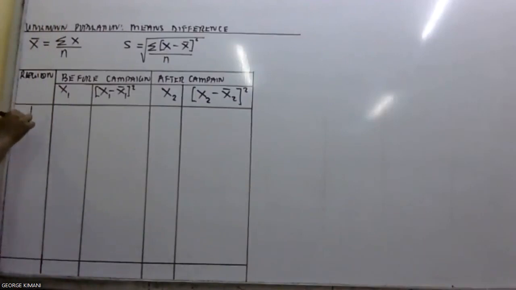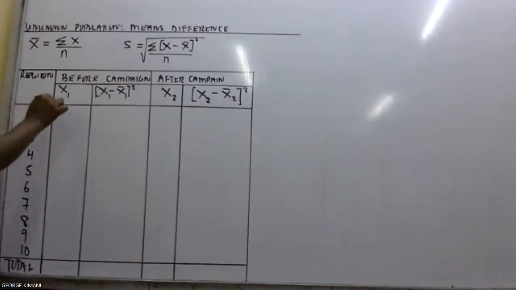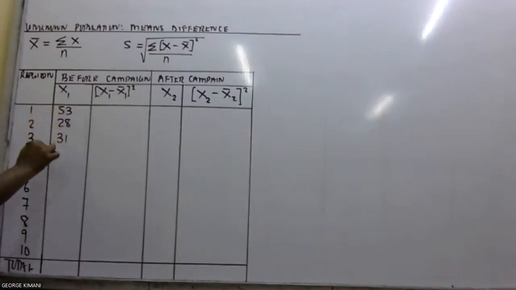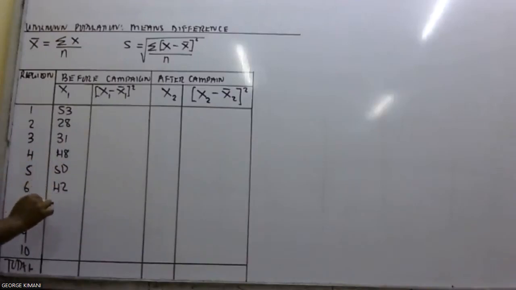So region 1, 2, 3, 4, 5, 6, 7, 8, 9, 10. So we'll have the totals. So this is 53, 28, 41, 48, 50, 42, 63, 40, 25, and 30.